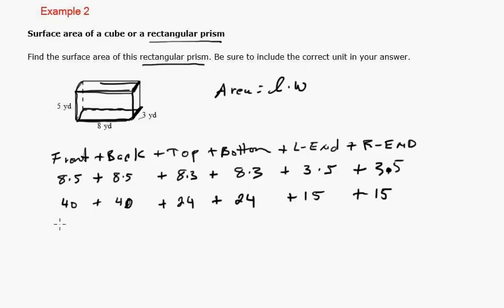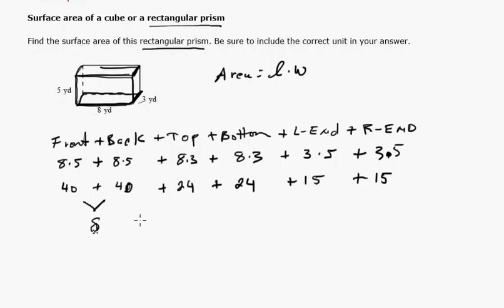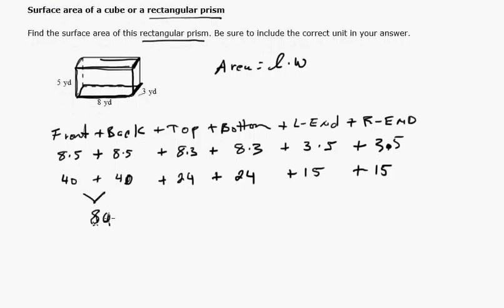Okay, so I think we can do this. This is 80. You could use a calculator. This is 80. This is 30. And let's see, 4 plus 4 is 8. 2 plus 2 is 4. So I got 80 plus 28 plus 30.